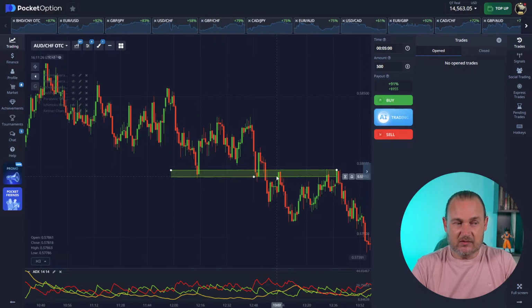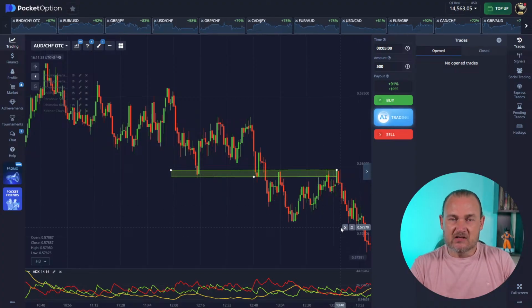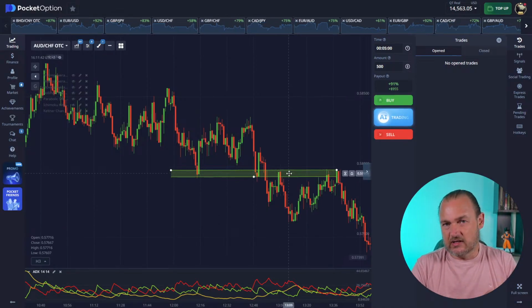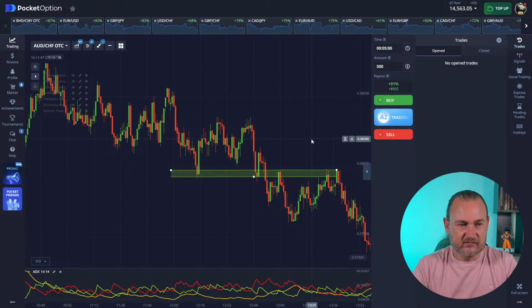After the break, we came back for the retest, and the retest rejected, and price continued its way down, made a new low, then came back up, tried twice to break this level, failed, and then continued its way down. So this is a very valid current support and resistance level. From here on, it will be a resistance level.